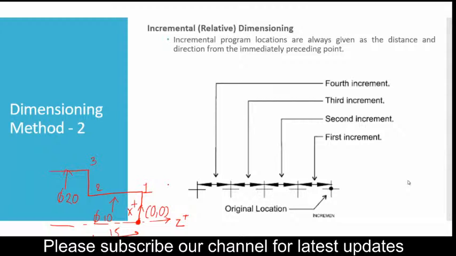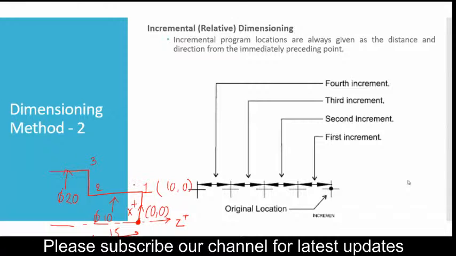For point number 1, x should be 10 and z should be 0. What about point number 2? Just think and answer. No need to worry and answer. For point number 2, the point 1 should be 0 0.